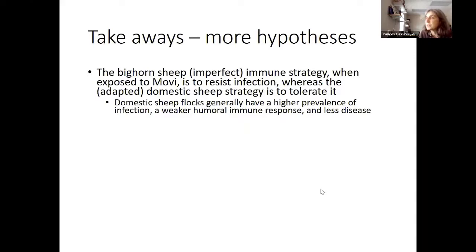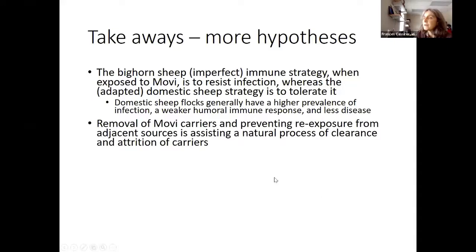So more animals are just living with MOV, and they actually have a weaker immune response based on our ELISA test, and there's less disease. So therefore, I think that removal of the carriers and preventing re-exposure is assisting a natural process of clearance that is consistent with the immune strategy of the Bighorn sheep, along with the natural attrition of carriers.